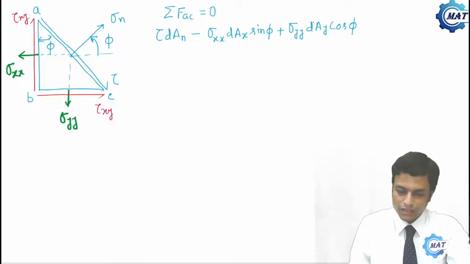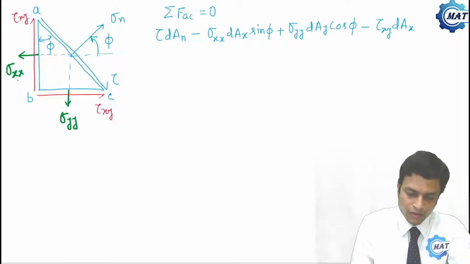For this shear stress tau xy, that will be minus tau xy DAX. I have to forget the areas. This is DAX, this is DAY, and this is DAN.